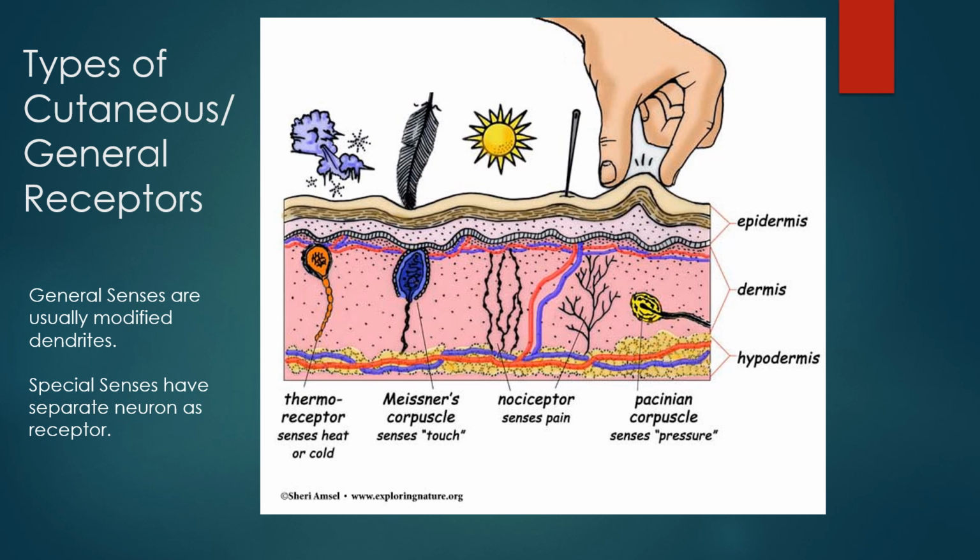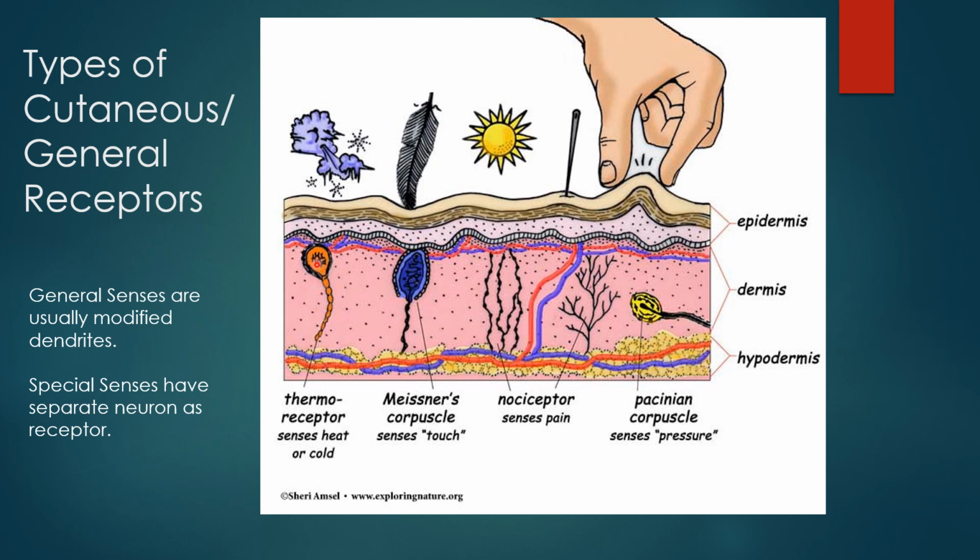Let's tie in a little bit of something we've talked about previously when we studied skin in the past. We had different types of receptors in the skin, and most of these receptors are what we call somatic receptors. That is, they are modified nerve endings, modified dendrites. So what happens is they get stimulated.